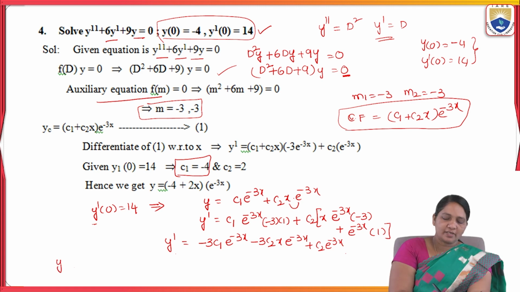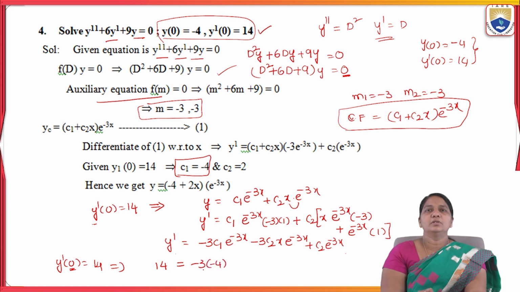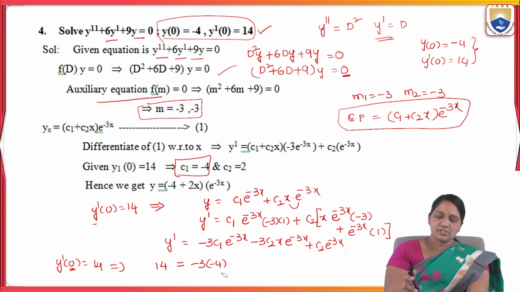Now based on the second condition, y'(0) = 14, in place of x I have to replace 0, and the y' value is 14. So 14 = -3 C1 e^(-3·0) - 3 C2 · 0 · e^(-3·0) + C2 e^(-3·0). We can first simplify this, and after that replace the C1 value.